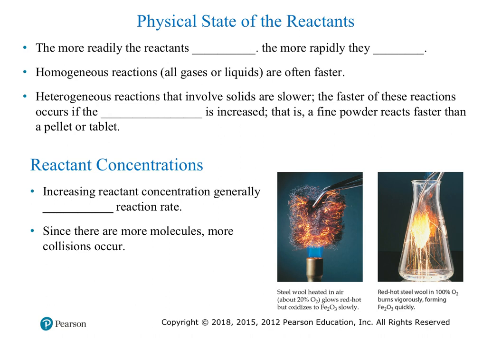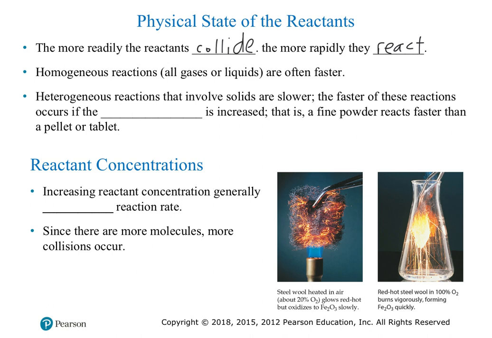Starting with physical states, we know that the more likely reactants are to collide, the more rapidly they react. So this is called collision theory. Homogeneous reactions tend to be faster when all of the reactants are in the same state. Heterogeneous reactions are slower.